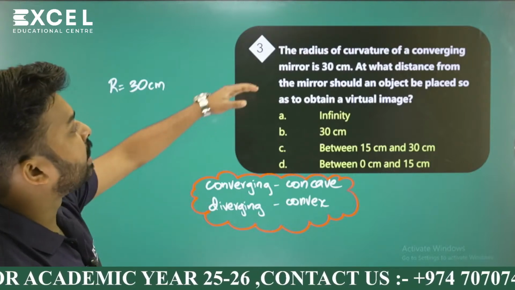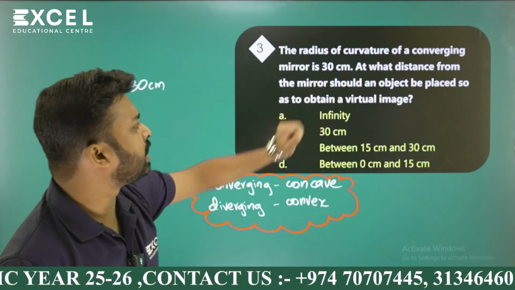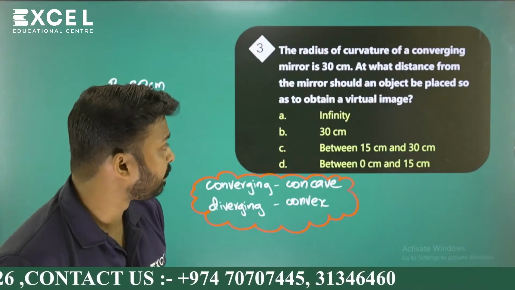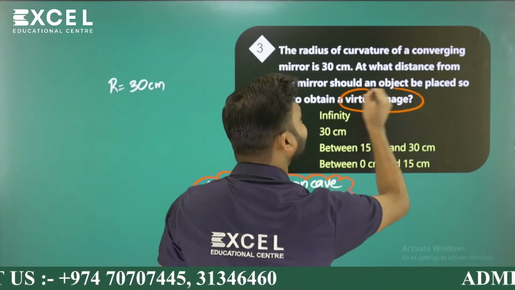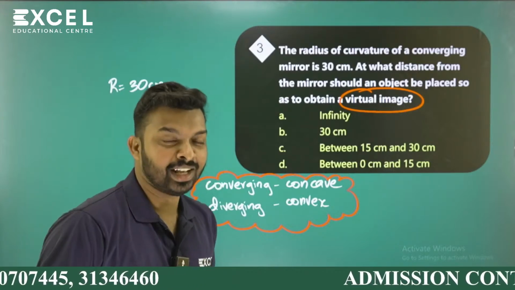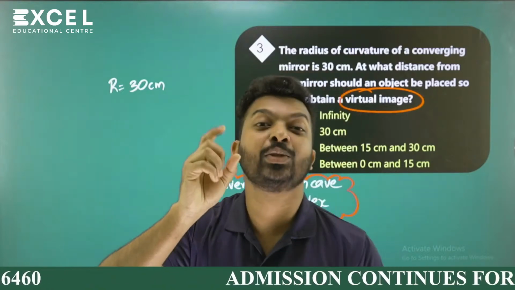Now listen, the radius of curvature of a converging mirror is 30. At what distance from the mirror should an object be placed so as to obtain a virtual image? Understand one thing, I need to get a virtual image. In a converging mirror, that means a concave mirror, there is only one situation where you get a virtual image.